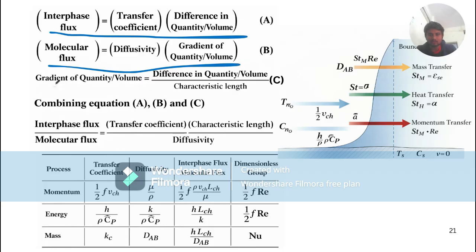We know the gradient of quantity per unit volume is the difference in quantity per unit volume upon its characteristic length. So by these three equations A, B, and C, we found that interface flux upon molecular flux equals transfer coefficient into characteristic length upon diffusivity.